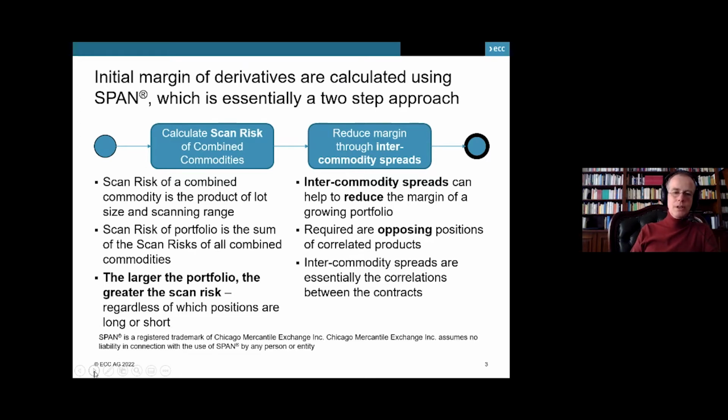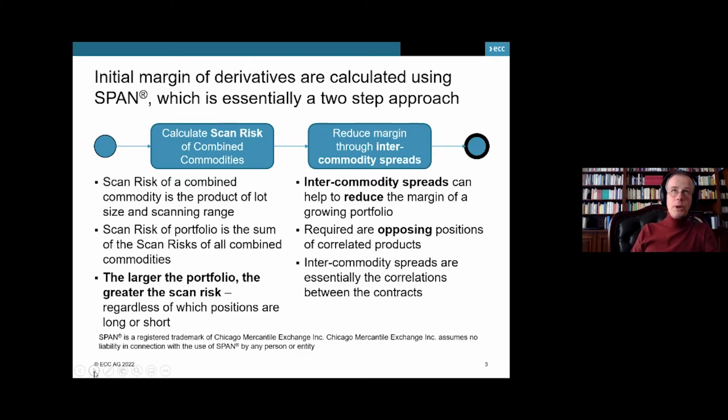Let's start on the left-hand side with the scan risk of combined commodities, which are essentially the products. If you have one single contract, the margin equals the scan risk of that contract, which is just the product of the lot size of your portfolio and the scanning range. The scanning range can be found on our webpage.